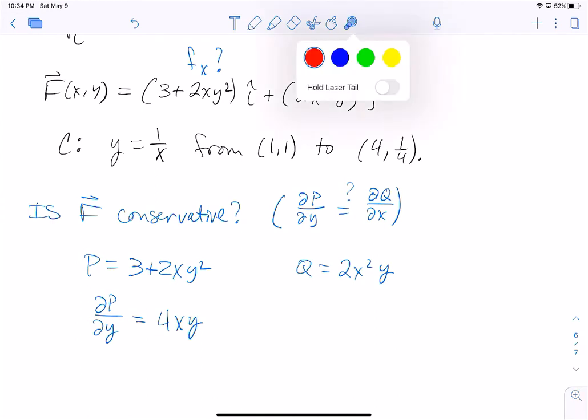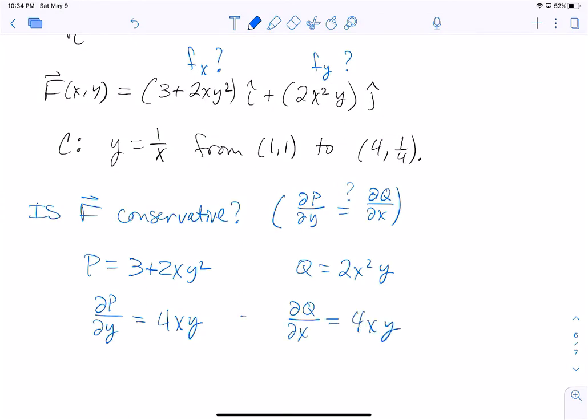And remember, what we're basing this off of is if P is a partial with respect to x, then what we have just done is created a second partial of f now with respect to y. And so it's a mixed second partial. Then the partial of Q, if Q is 2x squared y, the partial of Q with respect to x is going to be 4xy. Since these match, we have that F is conservative.